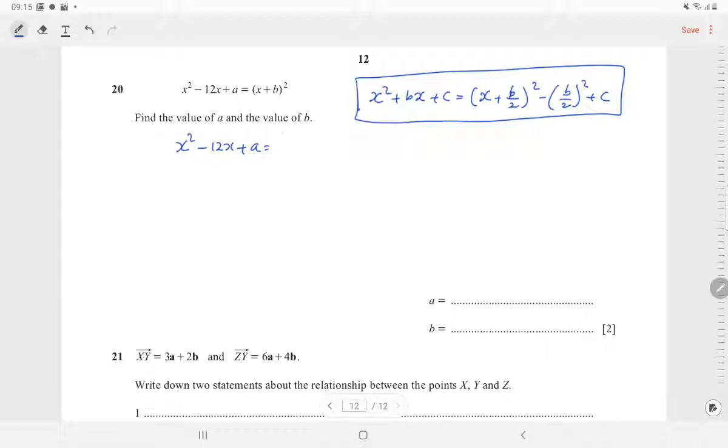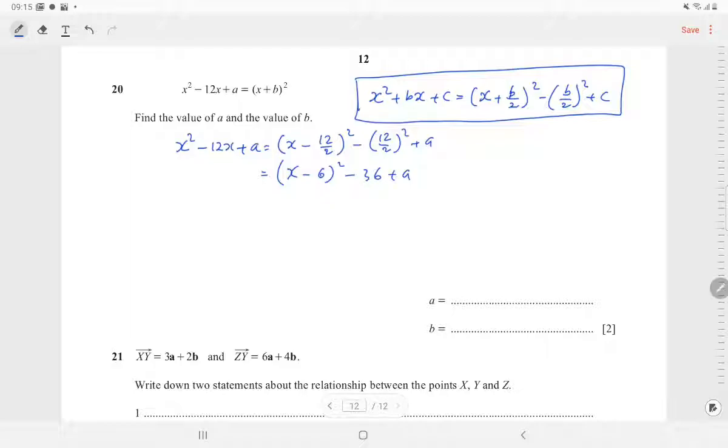Convert into completing the square: this becomes x minus 12 over 2, squared, minus 12 over 2 squared, plus a. So this becomes x minus 6 squared, minus 6 squared is 36, plus a.